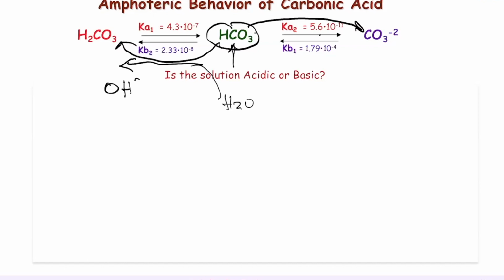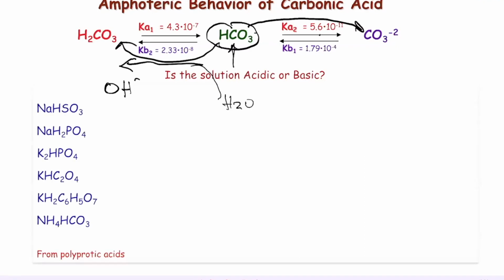In fact, whenever we have chemical spills in the lab, we have a big tub of baking soda to neutralize acid, because it's basic, but not so basic that it's going to cause harm. You use baking soda all the time. So this is a good way to figure out whether the solution is acidic or basic, just comparing the Ka and the Kb.